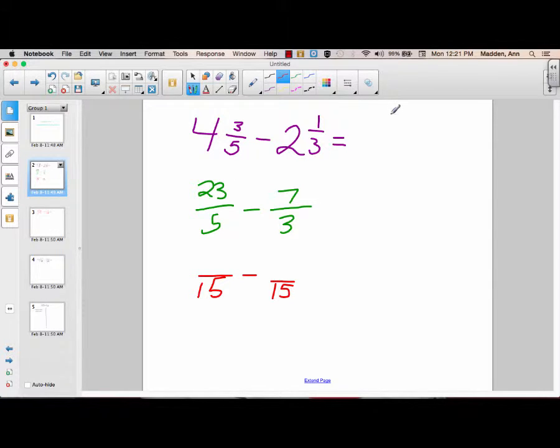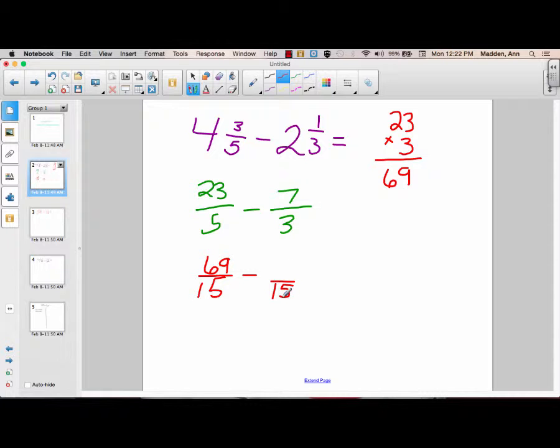Here's the hard part about these, is you might have to do a little bit of work off to the side. Subtracting mixed numbers has a lot of steps. So it would be 69. How'd I get from 3 to 15?